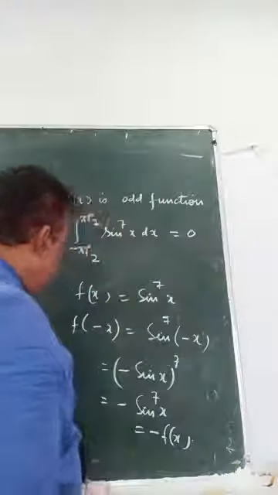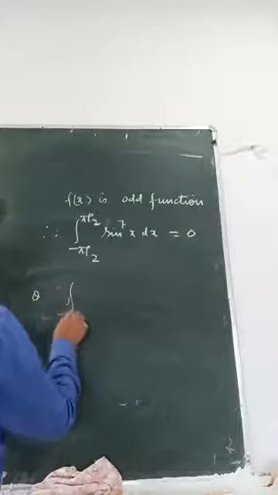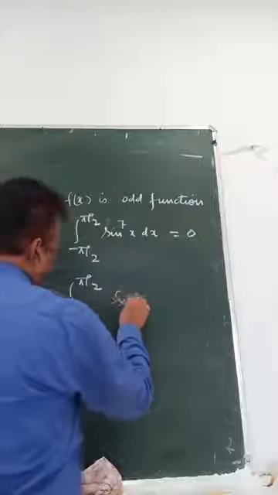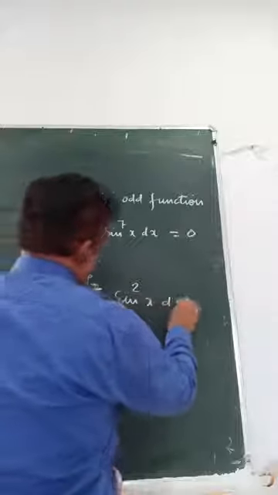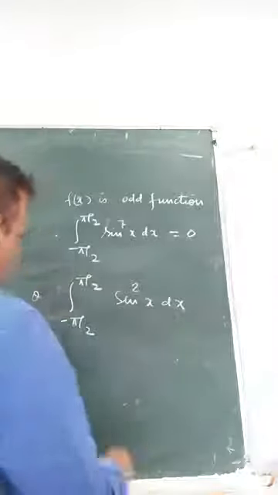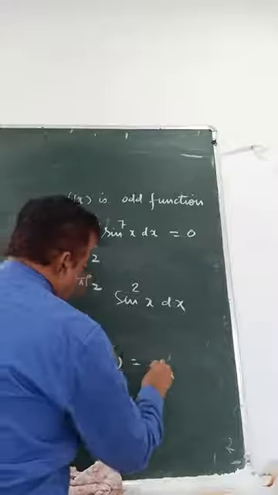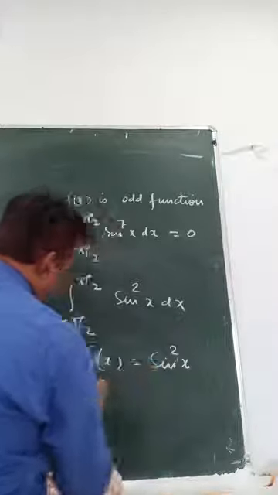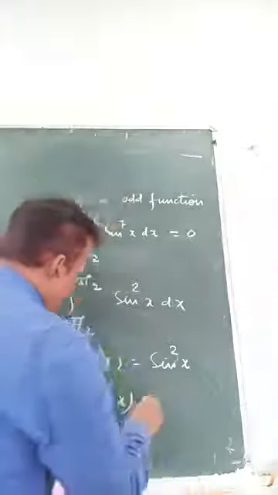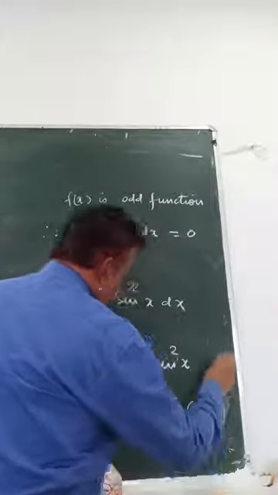But if this same question is changed, suppose the integral from minus pi by 2 to pi by 2 of sin square x dx. Then the limit is minus a to plus a. Let's take f(x) equals sin square x. So f of minus x, put minus x here. Sin of minus x, then its square.